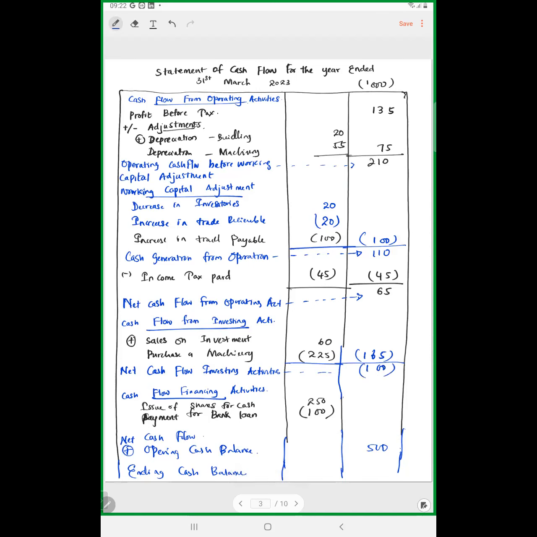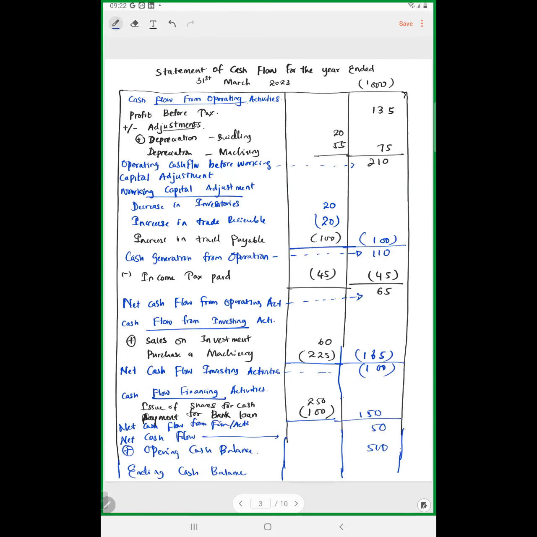So when it comes to the financing activity, net cash flow from financing activities, how much? 150 positive. So then net cash flow, how much? 50, right?